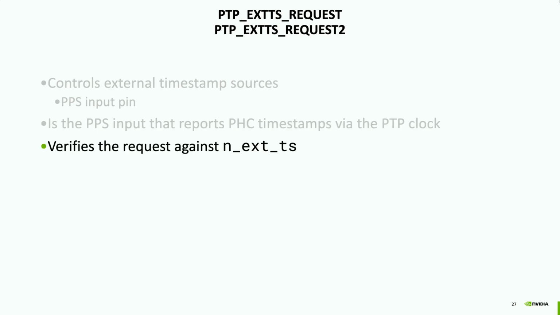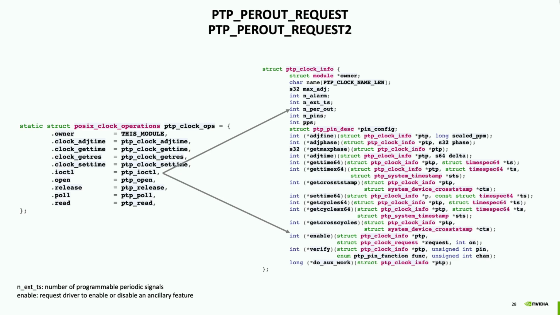It verifies the request against the number of external timestamp sources, value, argument, and calls into the enable function, which is a Swiss Army knife function that covers all the external signals. So the next one is the PTP periodic output request, which, as you can see, also goes into enable.